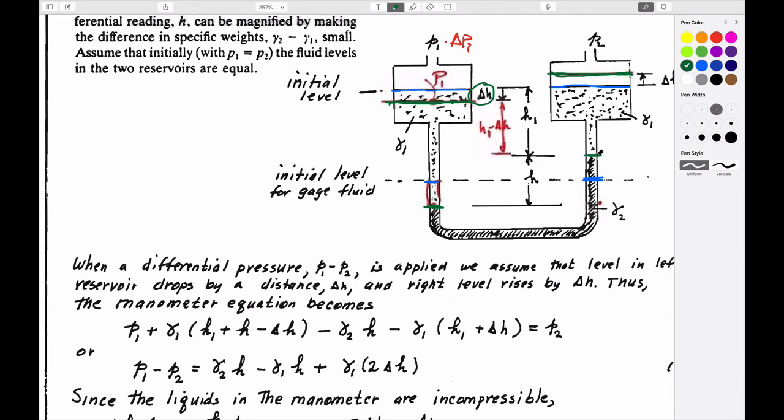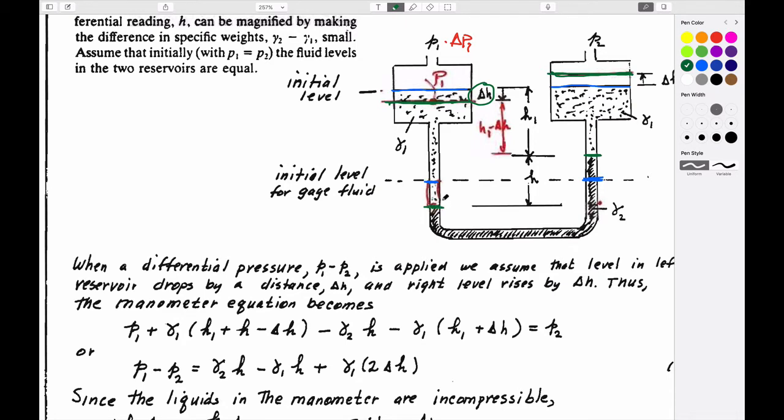And so the idea is that it would actually work just fine if it was just a single fluid and you could identify the location of this interface. The only reason that you need to use two fluids, two immiscible fluids, two fluids that don't mix, is that you can track this boundary.